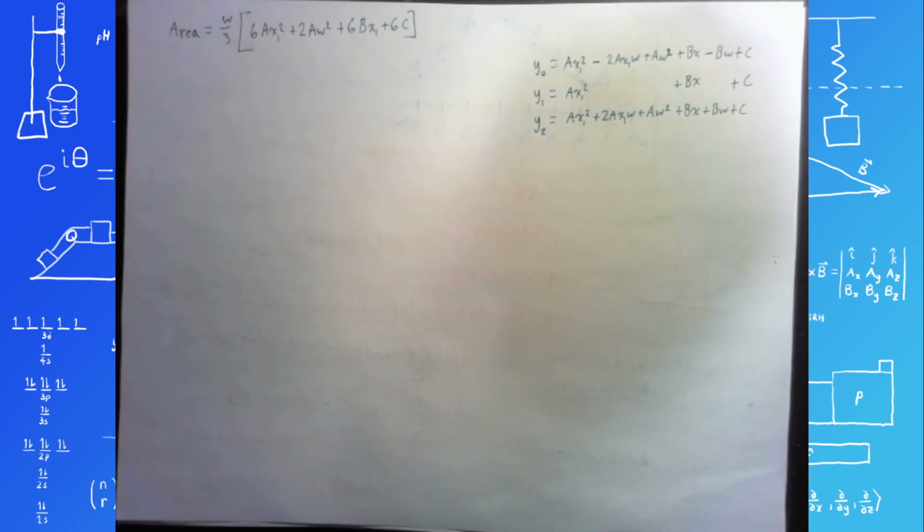Let's start by adding y0 and y2. What happens if I add y0 to y2?